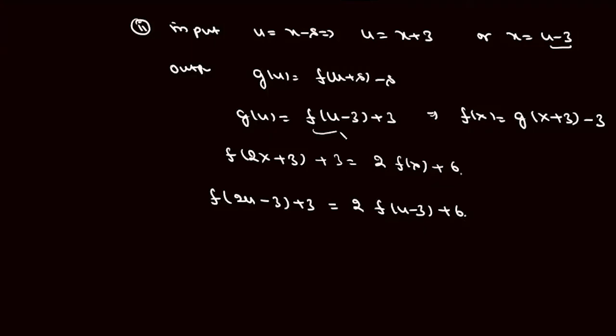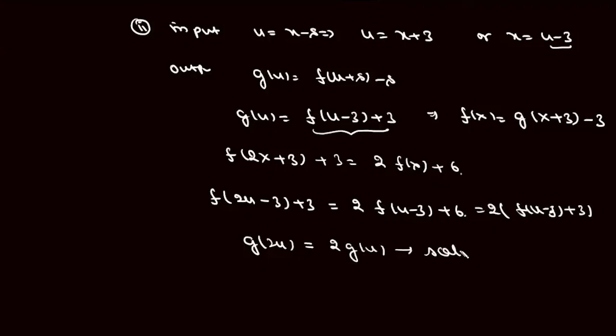Now f(u - 3) + 3 is g(u). So this is your g(2u), and here we take 2 common. This is f(u - 3) + 3. It is 2g(u), which is a scaling function.